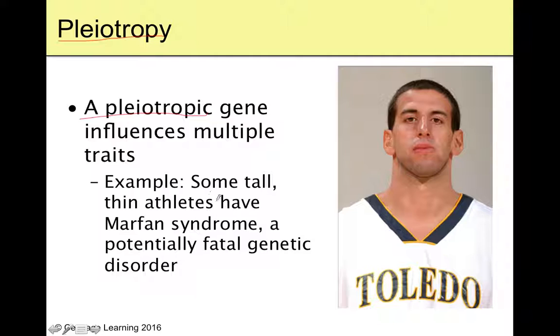So some tall, thin athletes have what's called Marfan syndrome, a potentially fatal genetic disorder. And this guy here in your textbook's an example of one of those guys who had that genetic disorder.